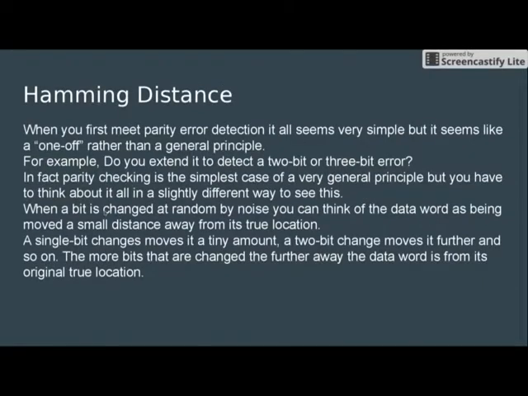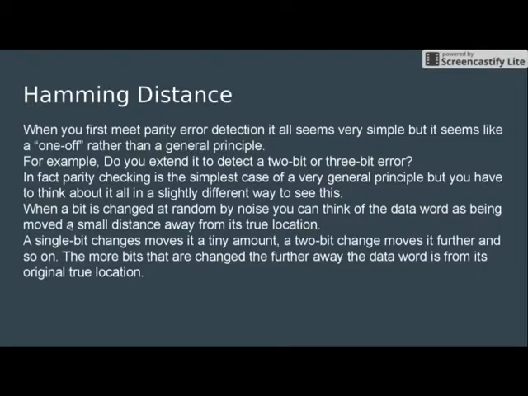Hamming distance. When you first meet parity error detection, it all seems very simple, but it seems like a one-off rather than a general principle. For example, how do you extend it to detect a 2-bit or 3-bit error? In fact, parity checking is the simplest case of a very general principle, but you have to think about it in a slightly different way to see this.